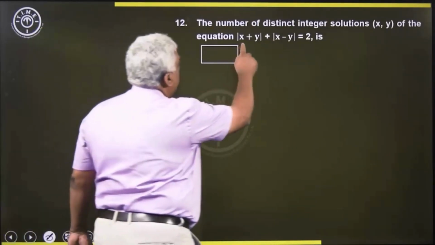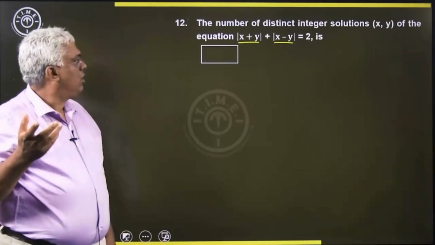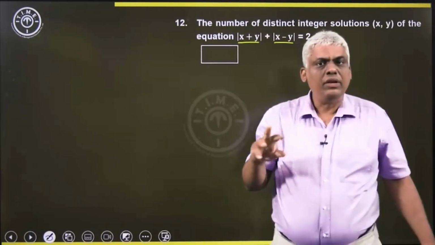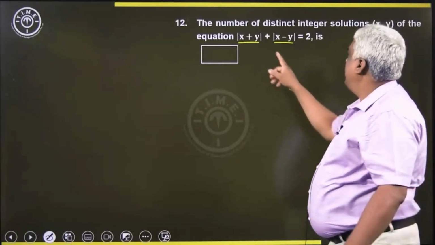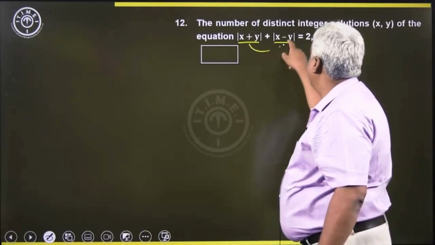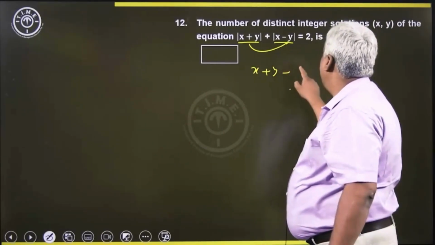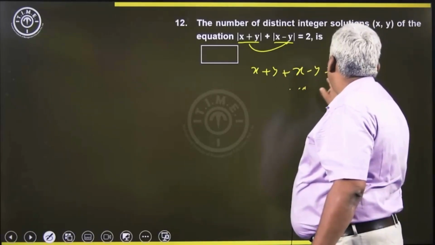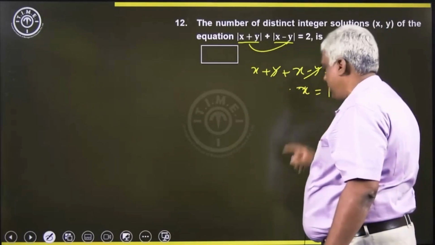See, x and y are either both positive or both negative, or one positive and one negative; 0 is also included. So if both are positive, let's say plus plus, we get |x + y| plus |x - y| equals 2, y cancels, so we get 2x equals 2, so one line will be x equals 1, right?